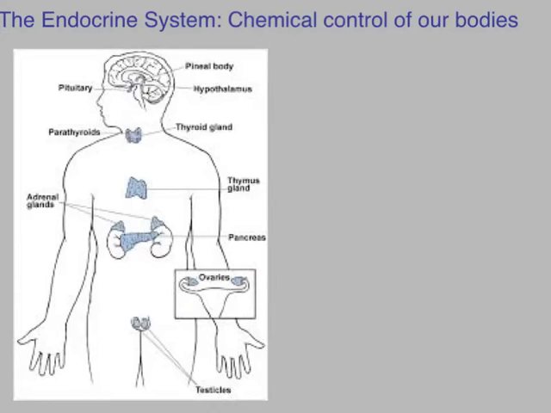Okay, so the first thing, and this is already labeled on your diagram, and it's hard to see in this picture, but just that little outcropping there of the brain is the pituitary. Okay? Now, in this area right here is the hypothalamus. And the hypothalamus is very important.